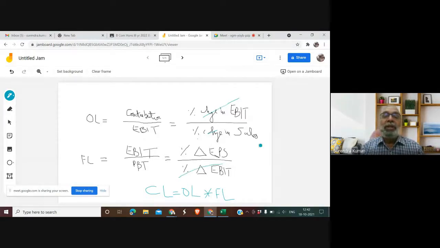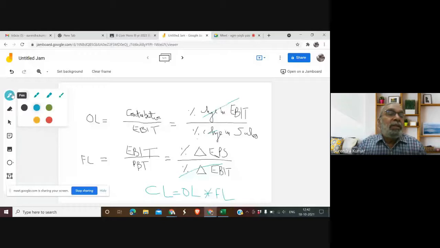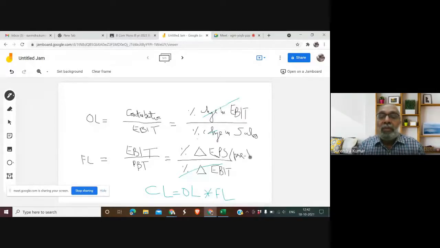And so you are writing directly as percentage change in earning per share, pre-tax. Okay, this is pre-tax. Why don't we look at this relationship directly between sales and EPS?